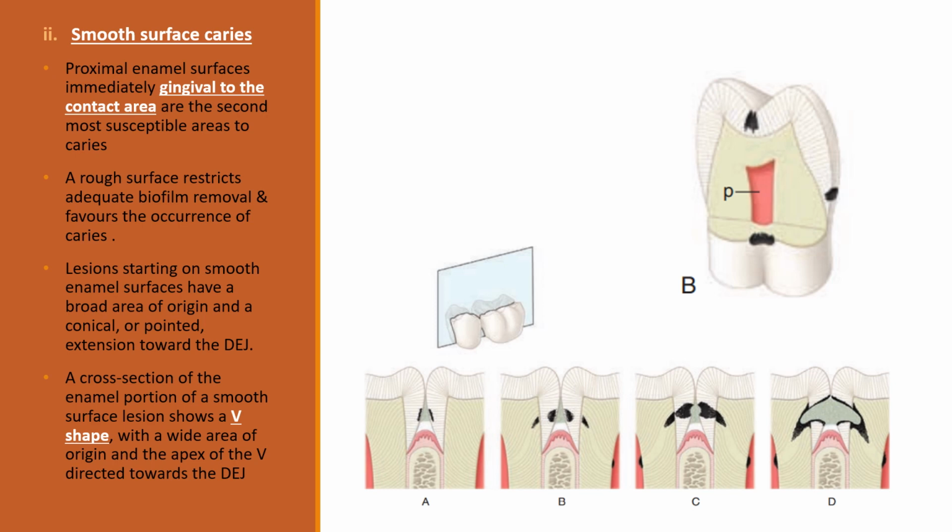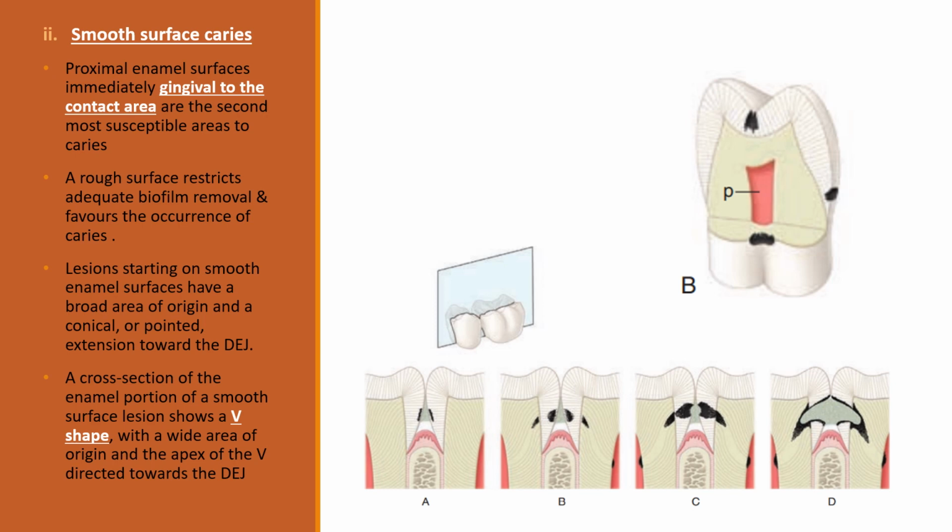Second is the smooth surface caries. The proximal enamel surfaces immediately gingival to the contact area are the second most susceptible areas to caries. A rough surface usually restricts adequate biofilm removal and it favors the occurrence of caries. So lesions start on the smooth enamel surfaces and they have a broad area of origin and a conical or pointed extension towards the DEJ, like you can appreciate in the diagram A, B, C, and D, how the lesion progresses.